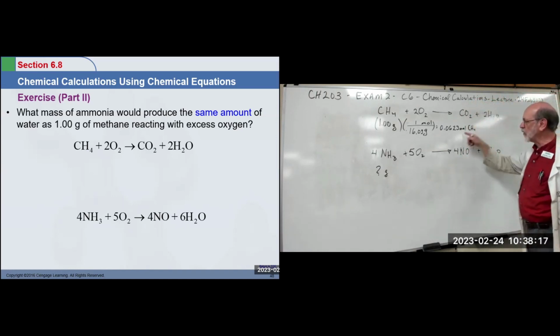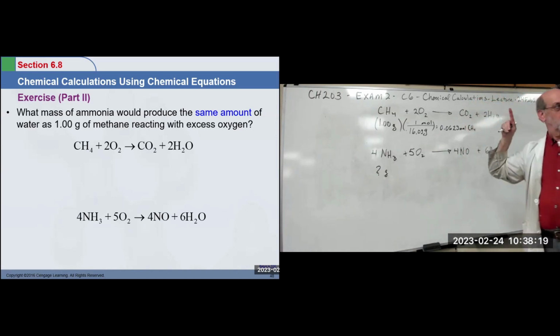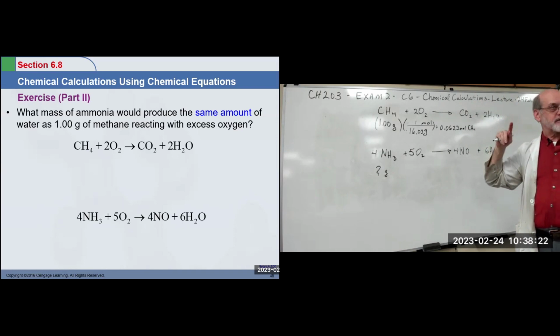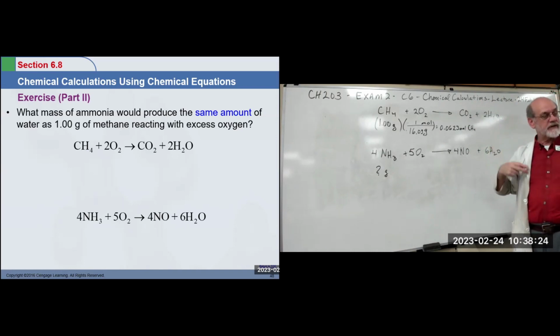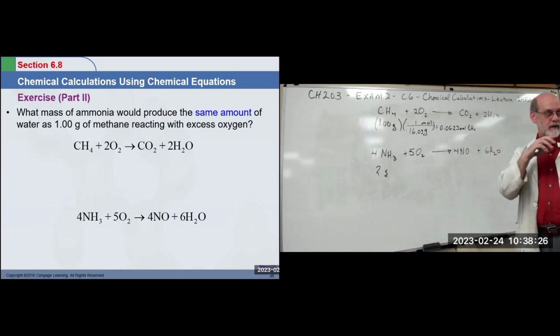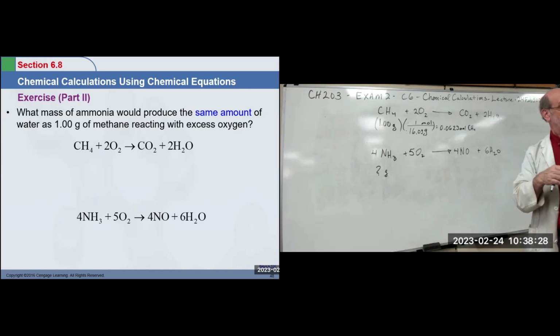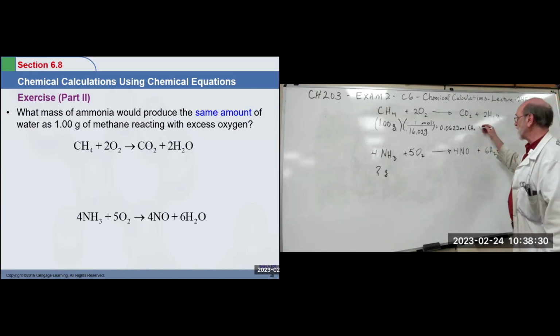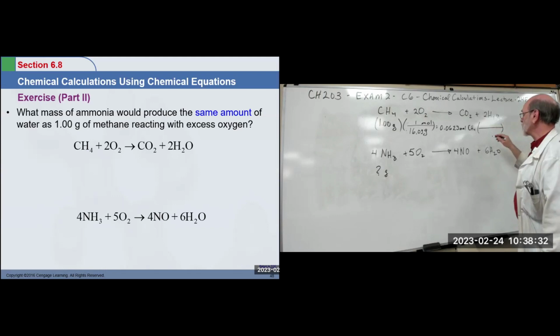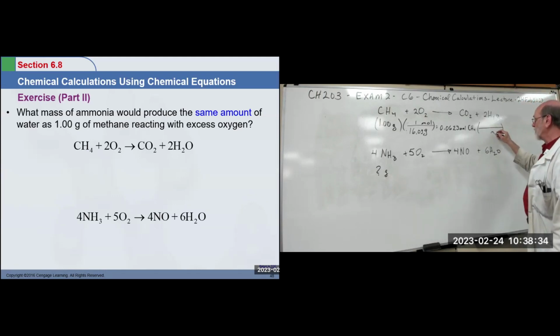So how do we get from moles of methane to moles of water? We use coefficients. Coefficients will create for us a conversion factor. If this is moles of methane, then the ratio of the two is moles of methane here, moles of water here.